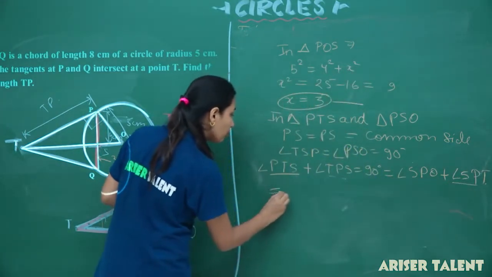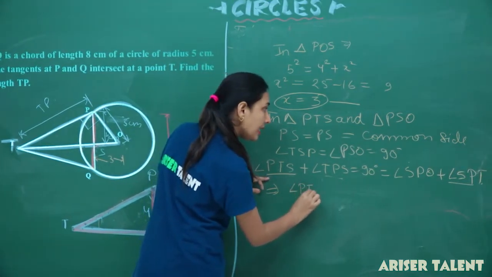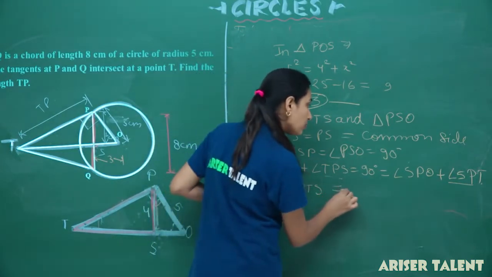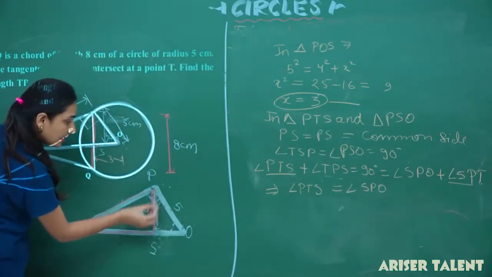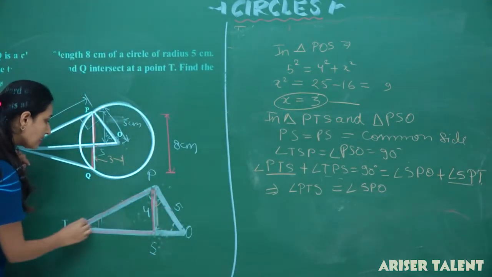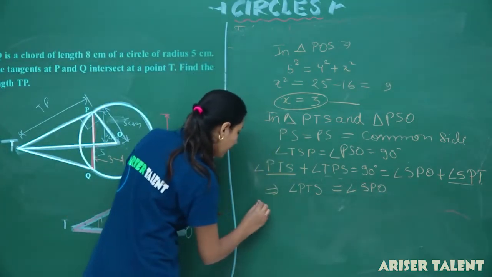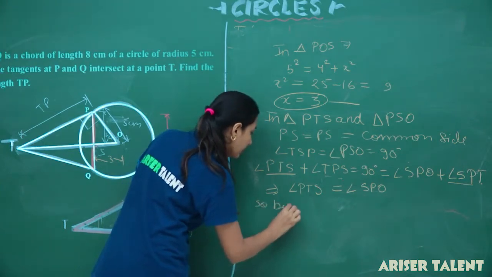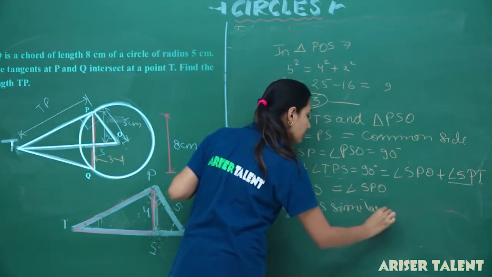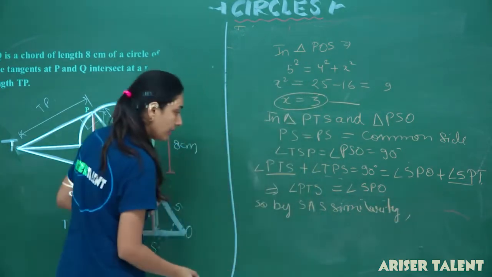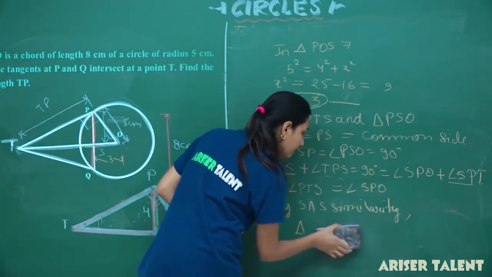So I can conclude from there that angle PTS is equal to angle SPO. Now SPO is this angle and TPS is this angle. So these two triangles are similar. By side angle side similarity, triangle TPS is similar to which triangle?